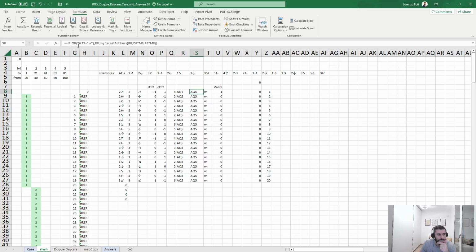And maybe let's also say AND, or this equals 1, this equals 1, so they need to be true.